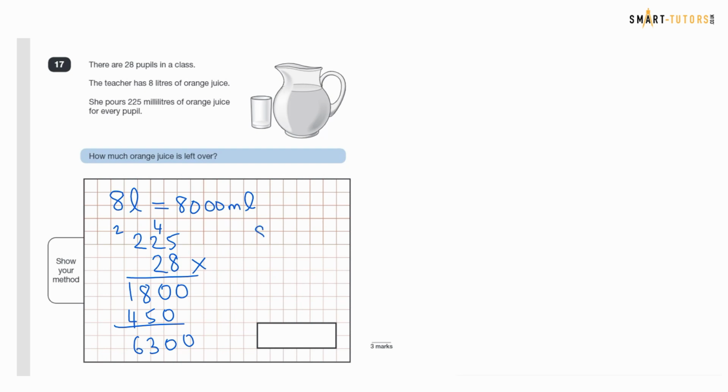So we need to do 8,000 minus 6,300, which equals 1,700 milliliters. Also 1.7 liters would get you the 3 marks. Very good. So you can either leave it in milliliters or 1.7 liters.